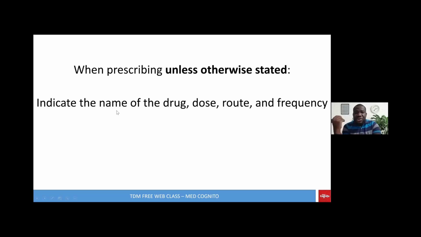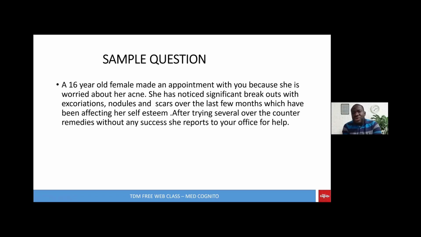And this is something we always tell and prepare our candidates to know, so that you know the exam technique. Because if the question is asking for a dose and route and name, and you don't specify that, then you lose marks.